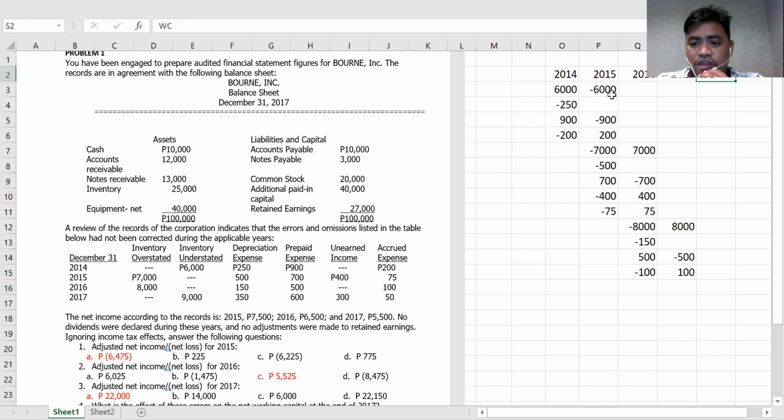Because of course, assuming these errors for 2014 to 2016 have already counterbalanced, the only ones that affect working capital are the errors for 2017. So inventory is understated by 9,000. So net income is understated. It also means that since inventory is understated, your working capital is also understated.